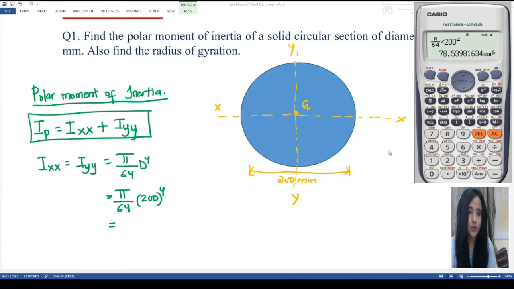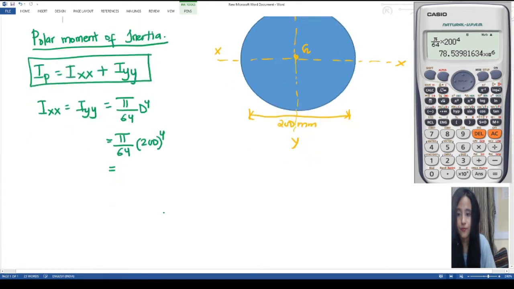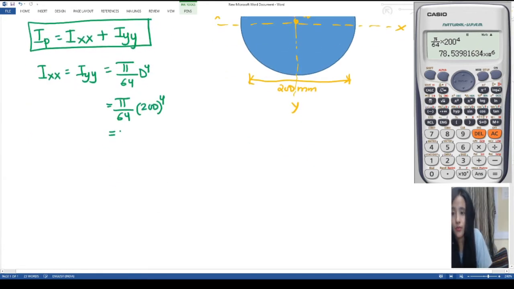So this is coming equal to 78.539, so let us convert this to 78.54. So it's coming 78.54 into 10 raised to power 6 mm raised to power 4. So this is my moment of inertia about the x-axis and y-axis.